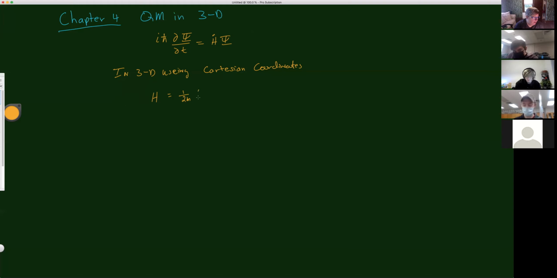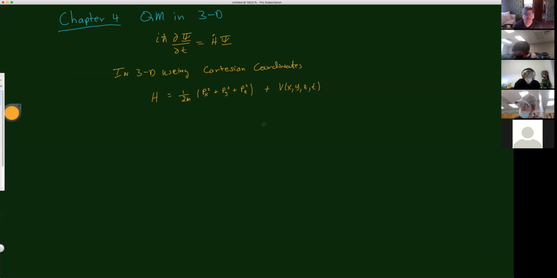So it's 1 over 2m, then the square of the momentum in the x direction plus the square of the momentum in the y direction plus the square of the momentum in the z direction, and plus, of course, in general, V of x, y, z, and t, right? In general, that's what that is.